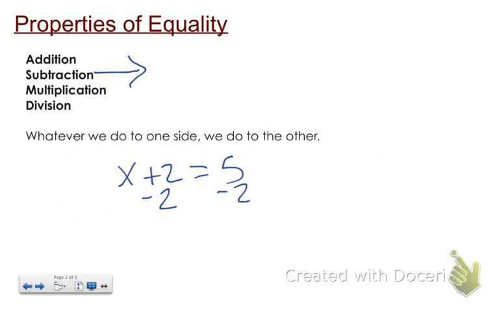As long as we're doing it to both sides, it won't change the equation. So anytime we do that, that's our justification. That would be justified by the subtraction property of equality. Or if we're adding to both sides, the addition property of equality. And so on with the other two.